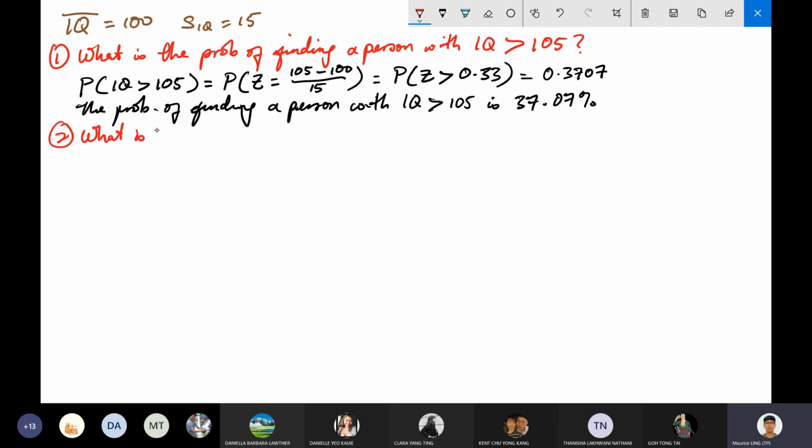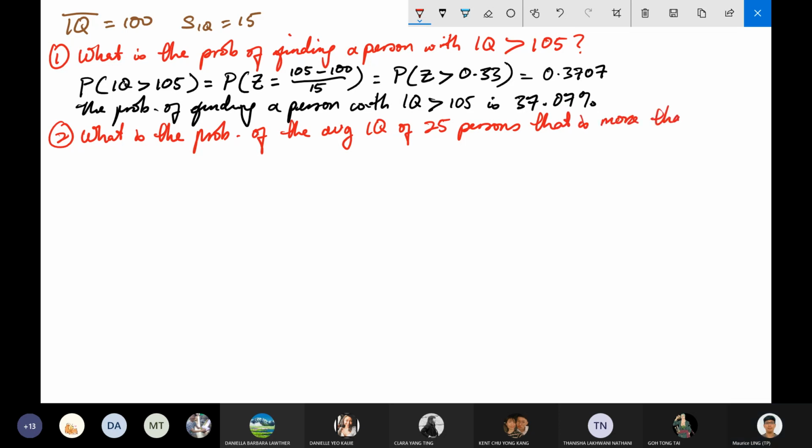What is the probability of the average IQ of, let's say, 25 persons that is more than 105?